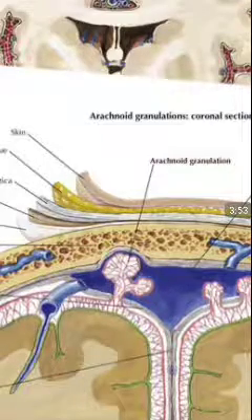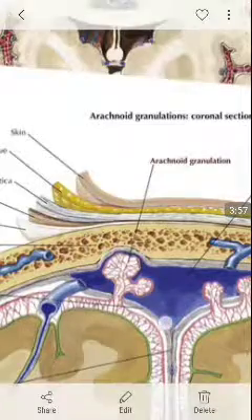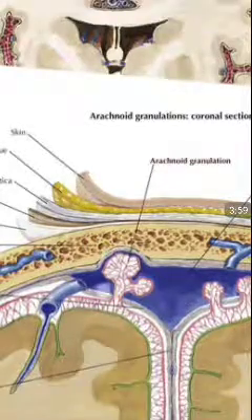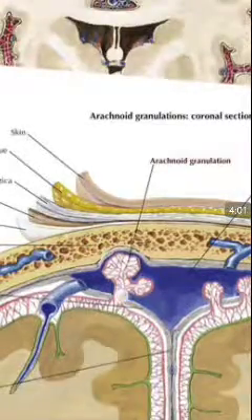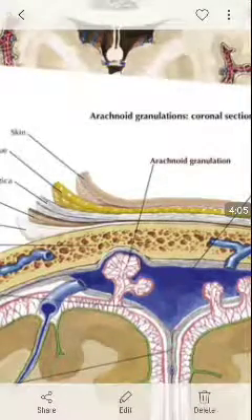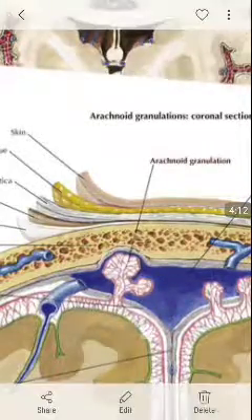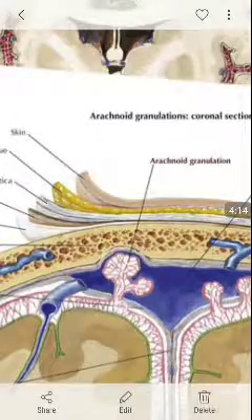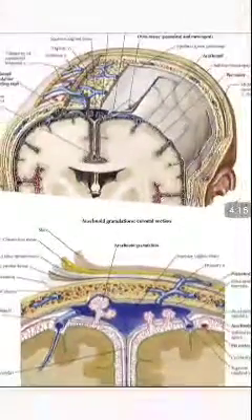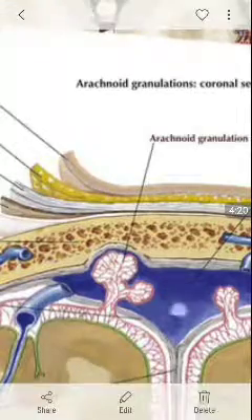the pinkish layer, which is the arachnoid mater, piercing the meningeal layer of the dura mater and entering into the dural venous sinus, so this diverticulum is continuous with the subarachnoid space. So CSF from the subarachnoid space enters this granulation and finally is drained into the dural venous sinus.